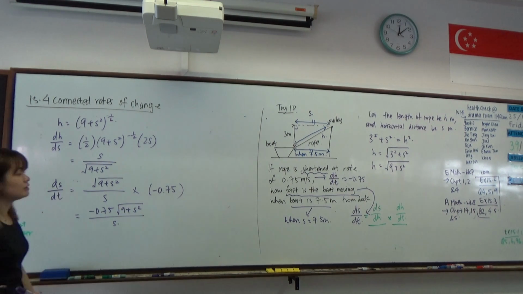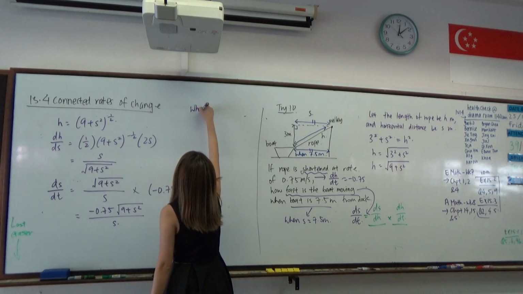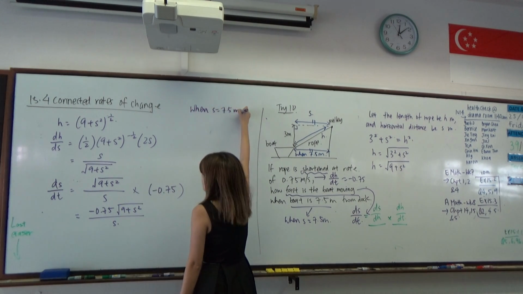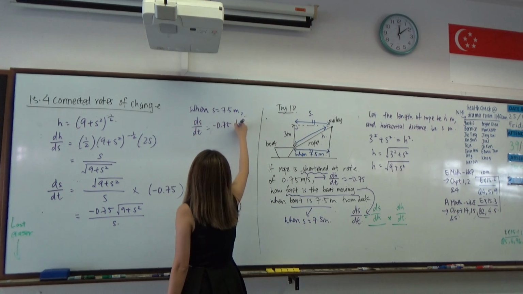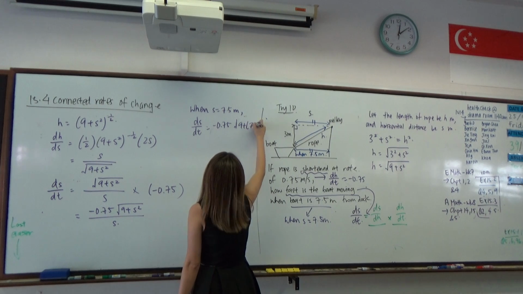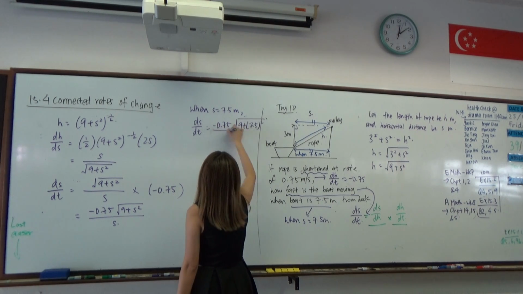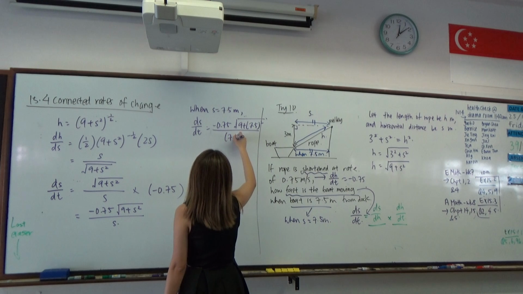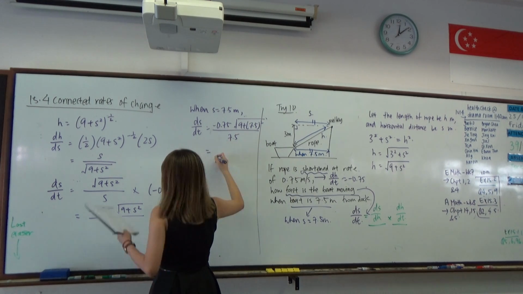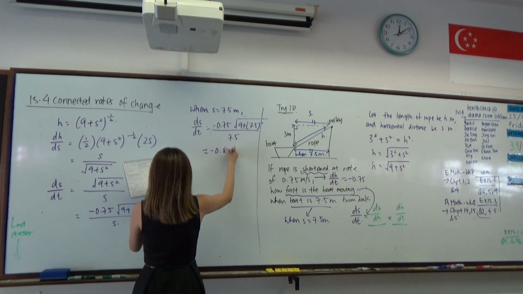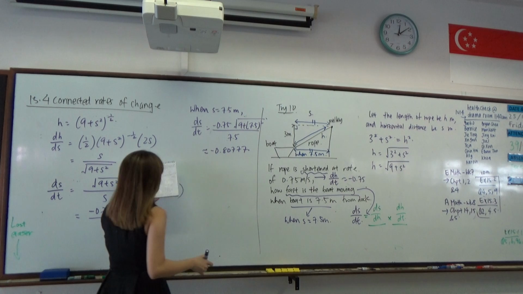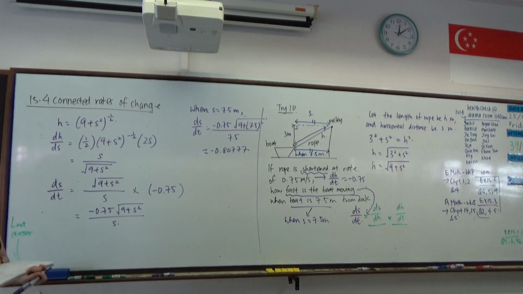Okay, then after that, now we want to find when S is equal to 7.5. So ds over dt, we will get the value of negative 0.80777, calculated to 5 SF.